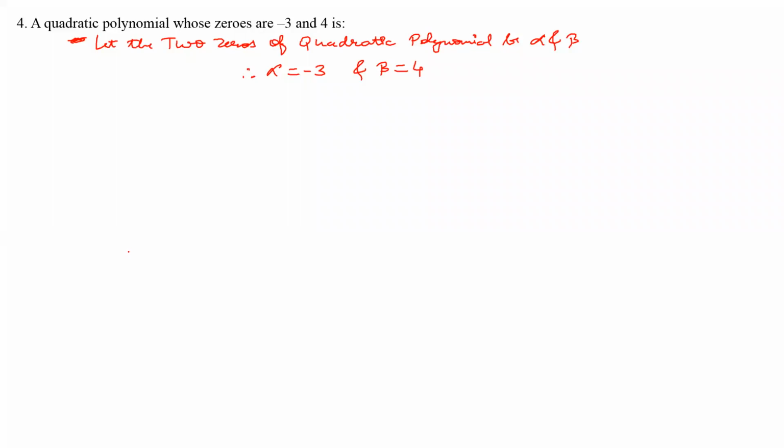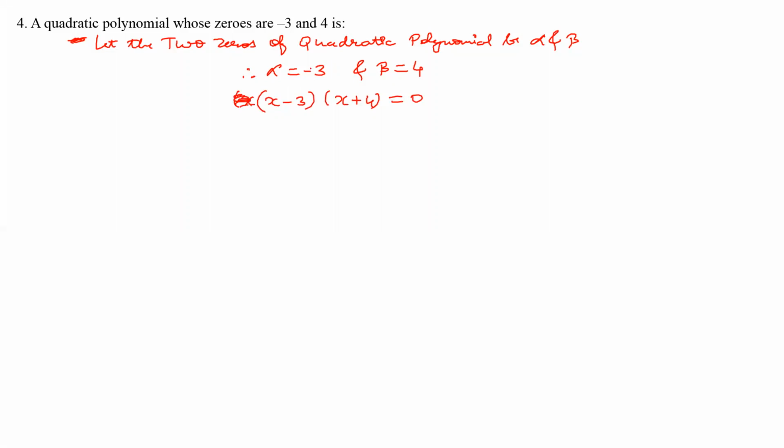We have to form the quadratic polynomial from this. Suppose we have to form the quadratic polynomial in variable x, so what I can do? x -3 in one bracket and x plus 4 in other bracket, it is equal to 0. Why have I written x -3 and x plus 4?